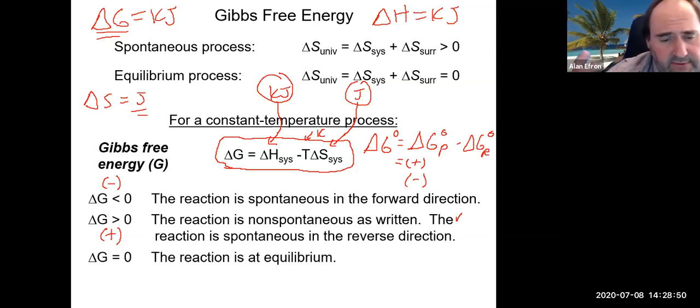And that's what they're talking about. If you are at equilibrium, the delta G value will be 0 in that particular case.